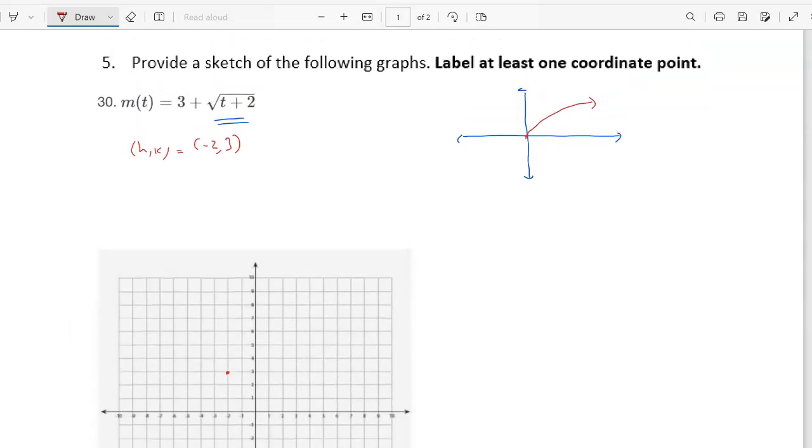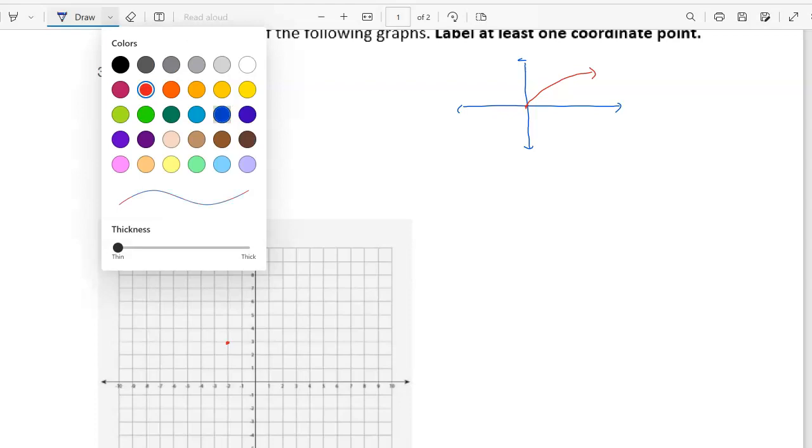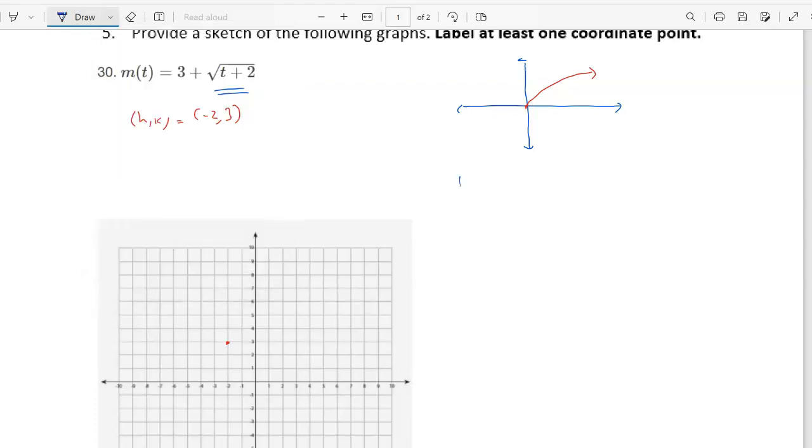For the next portion, you can pick any other coordinate point. Technically here, these are not x's because they're given as m's and t. So for our t value, I'll just pick 2 so that we get a perfect square.